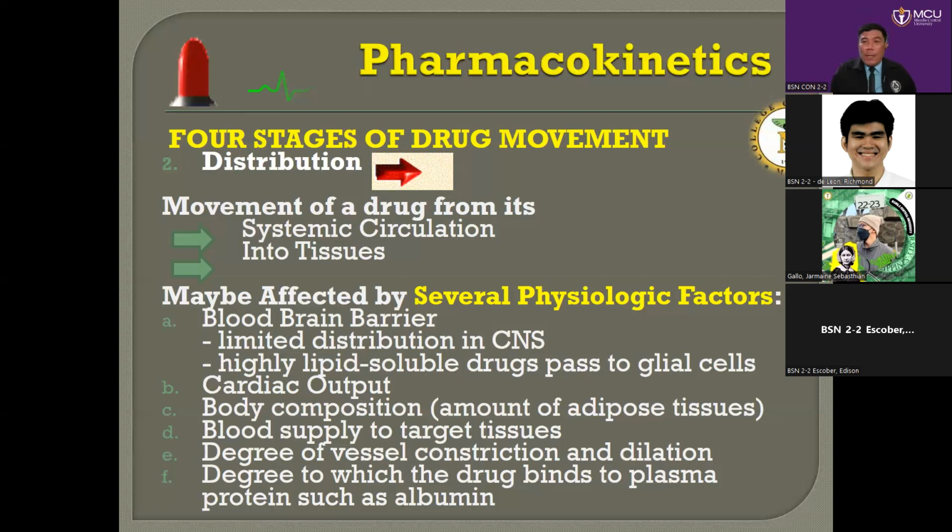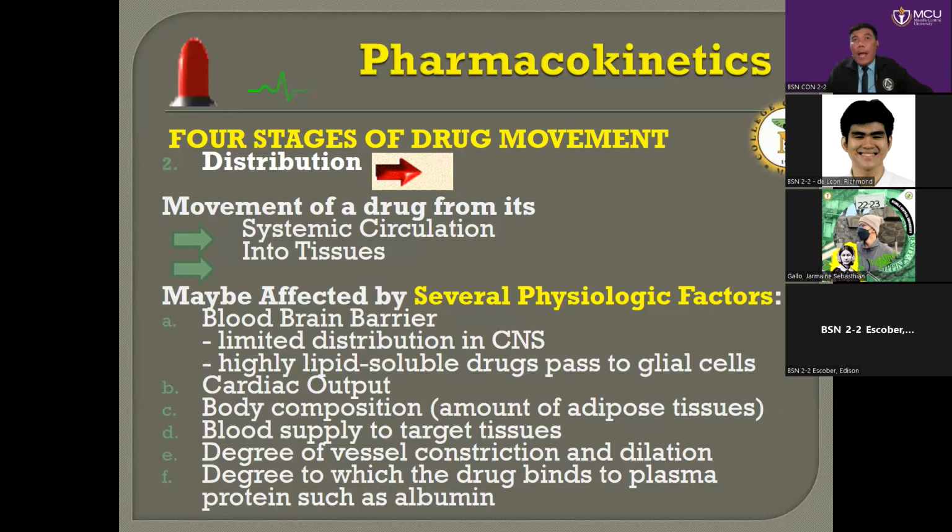So the next concern that will affect the physiologic factor is cardiac output. If you go back to anatomy and physiology, the normal cardiac output every minute is 5,000 ml or 5 liters per minute. Now, we have been oriented that we really need the blood to carry the drug via the plasma, right? That is what we said about systemic circulation.